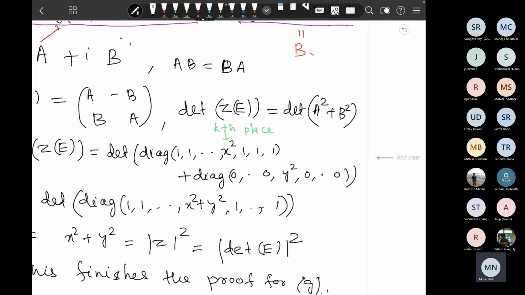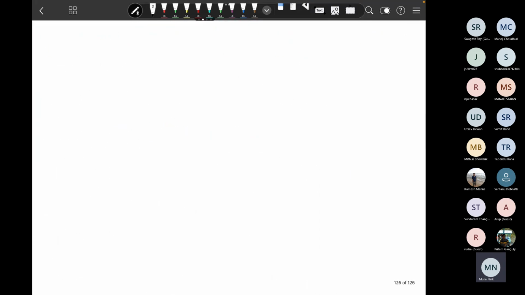Now we will come back a little bit to this thing. You know that we are identifying CN with R2N, and this is my map: x plus iy you are mapping to (x, y).